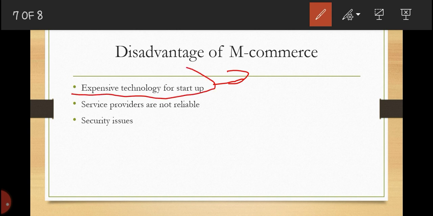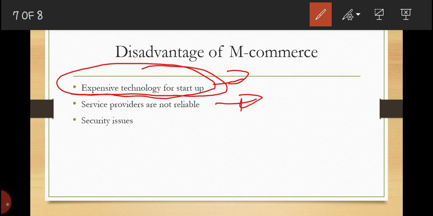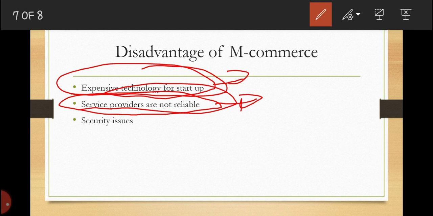Also, in developing countries, the networks and the service providers are not reliable, so they are not most suitable for data transfer. Most of the companies and services are not reliable.